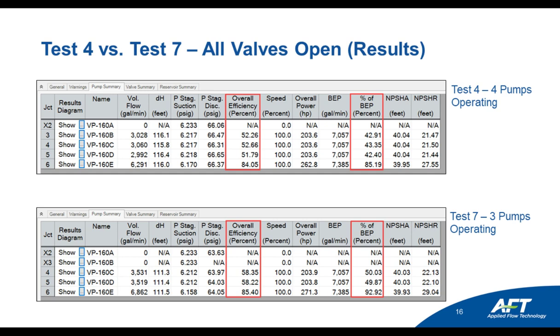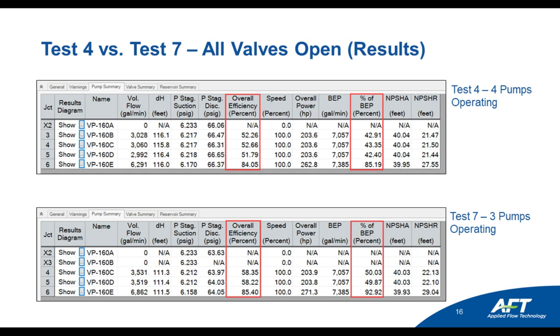So based upon the scenario where 4 pumps are operating, I want you to focus on the overall efficiency as well as the proximity to the best efficiency point. The efficiency values for all 4 pumps are on average around 50% for 3 of them, and then one of them is doing really well at 85%. But when you look at the percentage of the BEP itself, that's the indicator of if you have an issue.